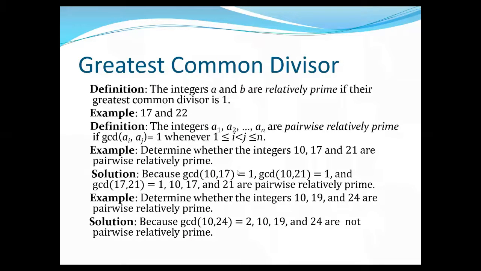So for 10 and 24, what is the greatest common factor? It's 2.